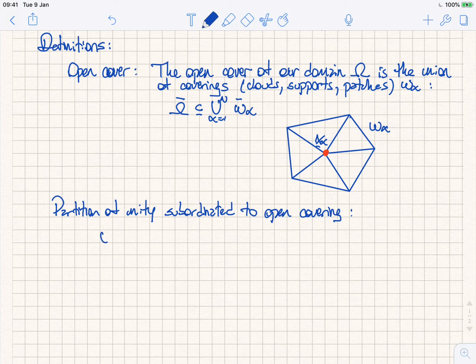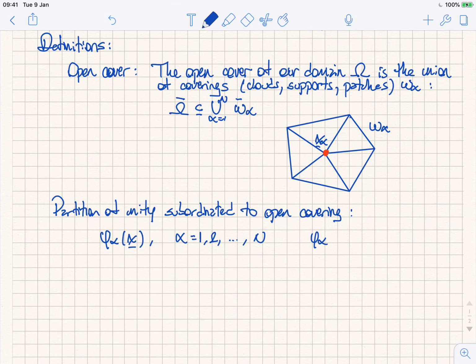So if you remember, if we have our shape functions phi sub alpha, and then of course alpha is the index set 1, 2, and goes to n being the number of nodes.